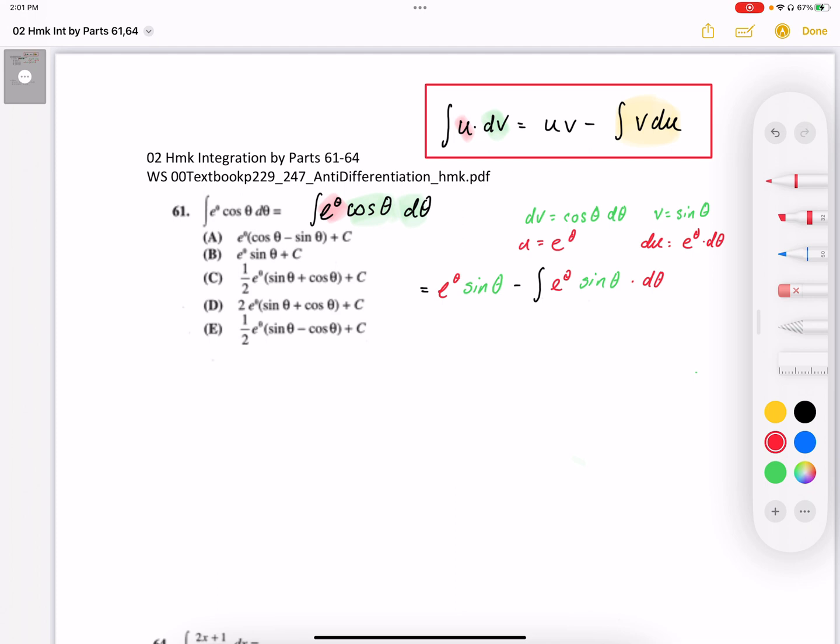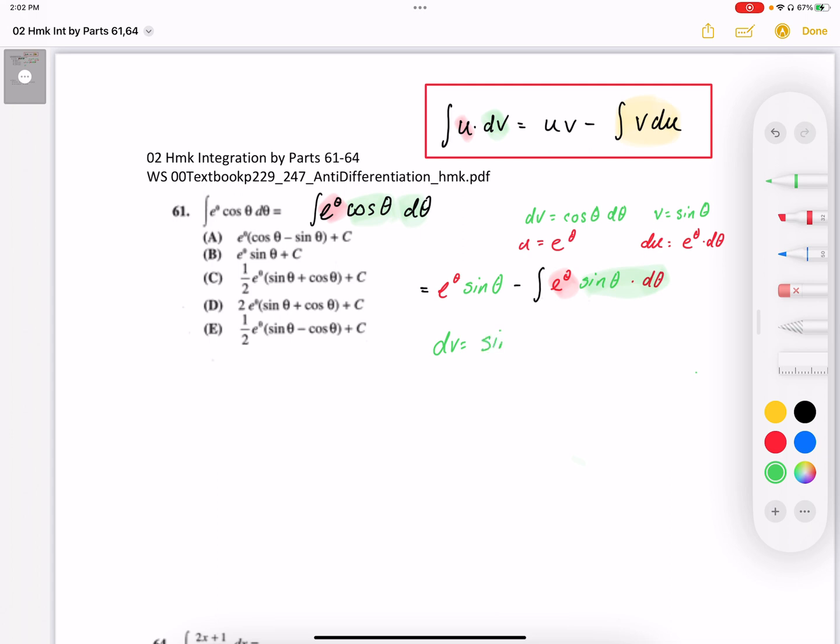So I'm going to reapply integration by parts. This time I'm going to choose sine again, and that becomes my sine θ dθ is my dv. So again, I want to choose my dv as the most complex I can.